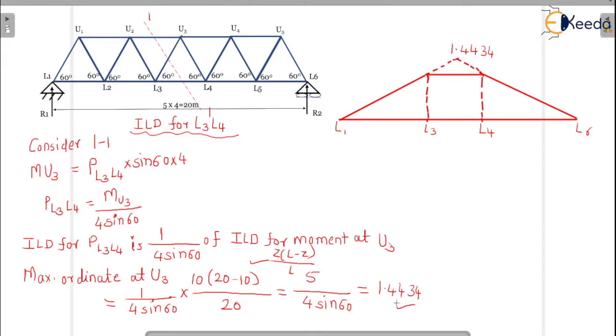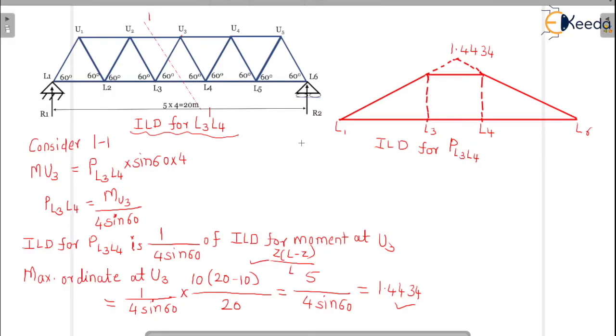Once you receive this ordinate, you plot it here. This is the ordinate for U3. So this particular diagram is the ILD for PL3, L4 in this case.